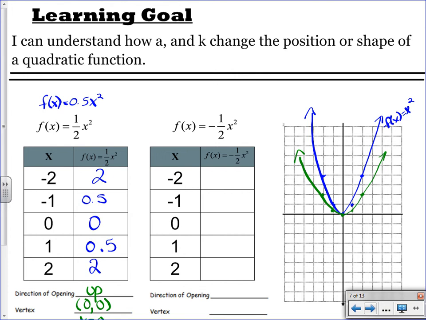Okay, going on, Yulia. f at -2. What do I get here? So this again would be f of x equals negative 0.5 x squared. What do I get here?